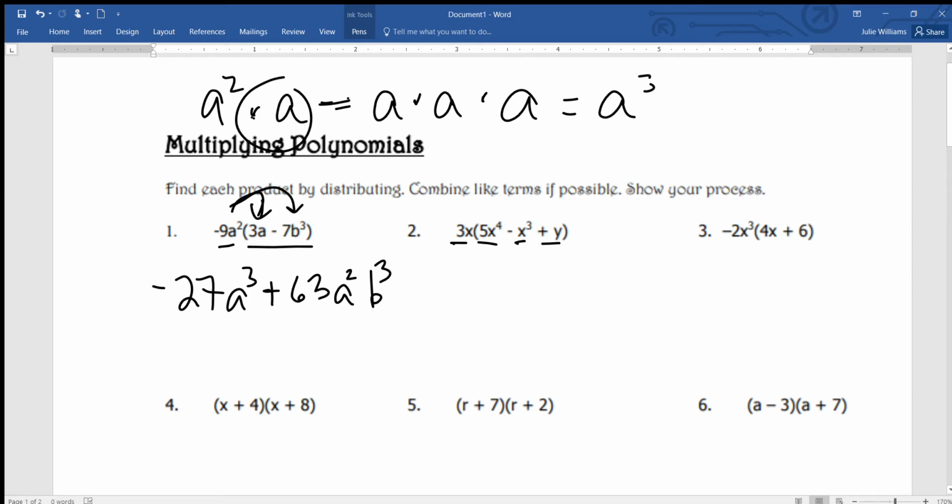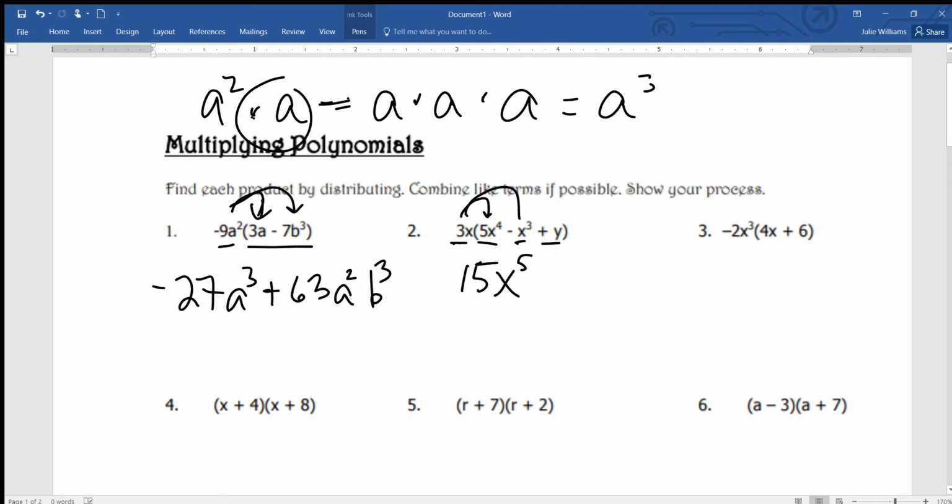Same idea though. So 3x times 5x to the fourth. Again, multiply your coefficients first. Positive 3 times positive 5 is 15. And then x times x to the fourth. Those exponent rules come into play again. It's x to the fifth. 3x times negative x to the third.